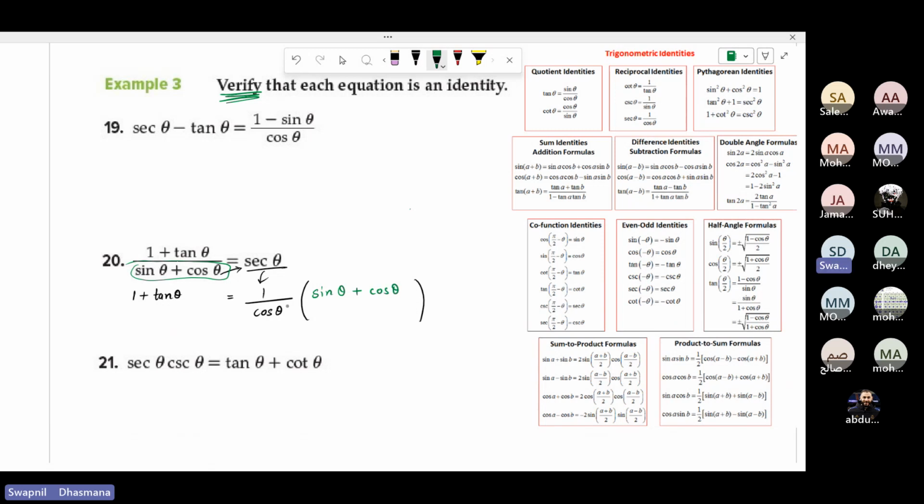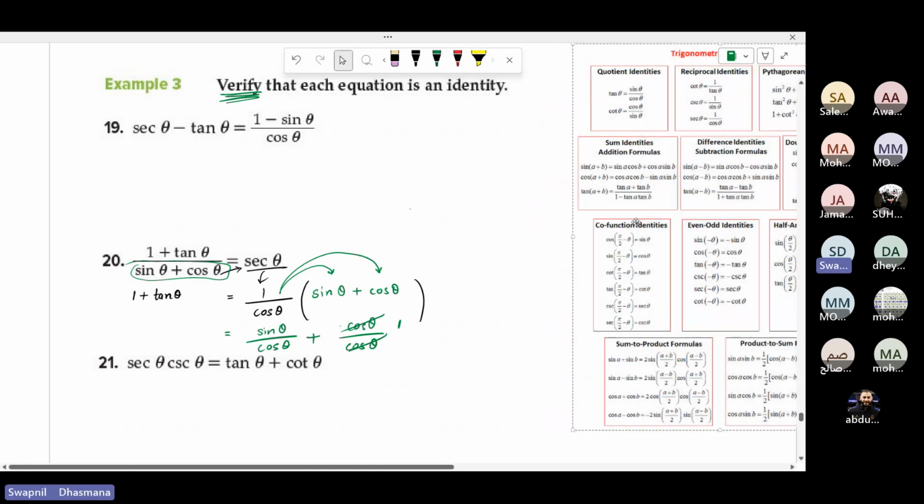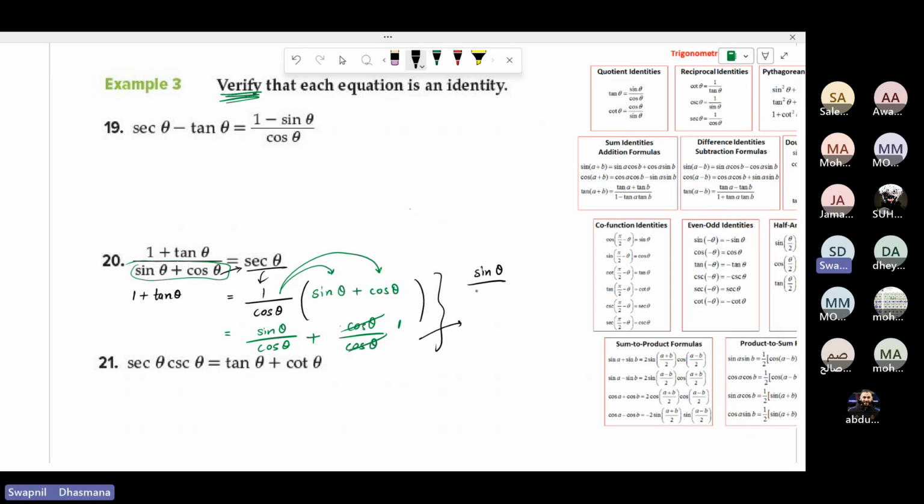Then I can multiply this. So sine theta divided by cosine theta, cosine theta divided by cosine theta. This is one. So now from here I get sine theta divided by cosine theta plus one.